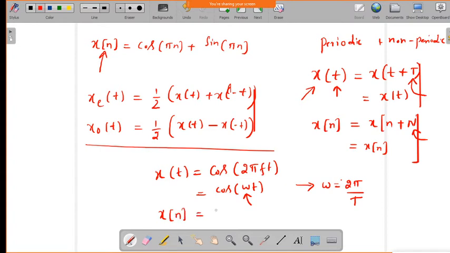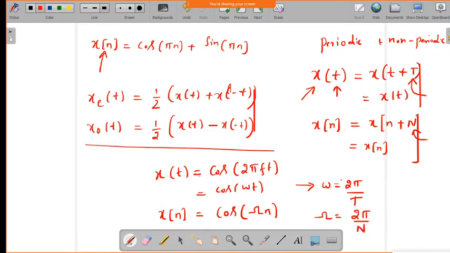which will be equal to cos(2πfn), or we can write it as cos(ωn). This ω is the angular frequency, which is nothing but 2π/N.